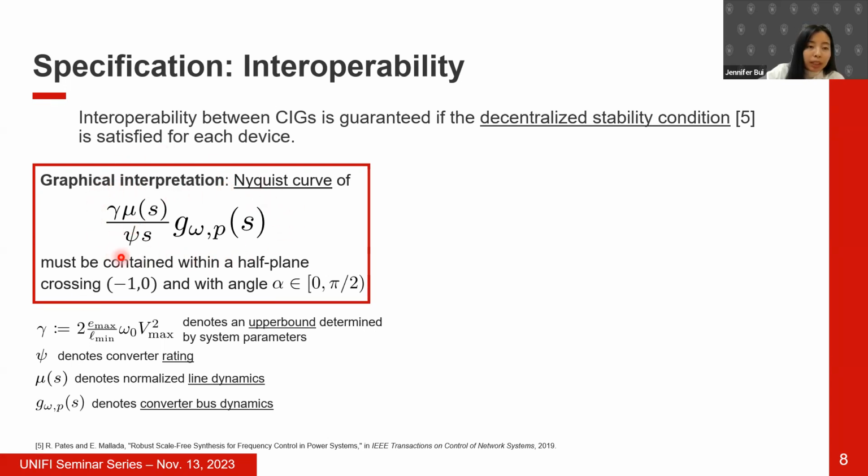The first component here captures the network or system and device properties. And this second component here, which you may recognize from the converter model, is the converter bus dynamics, specifically this relationship between active power and frequency.